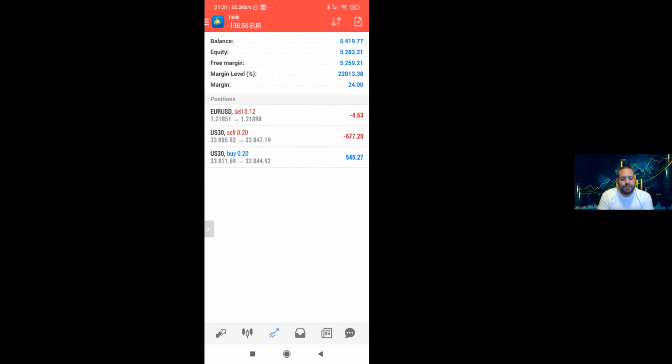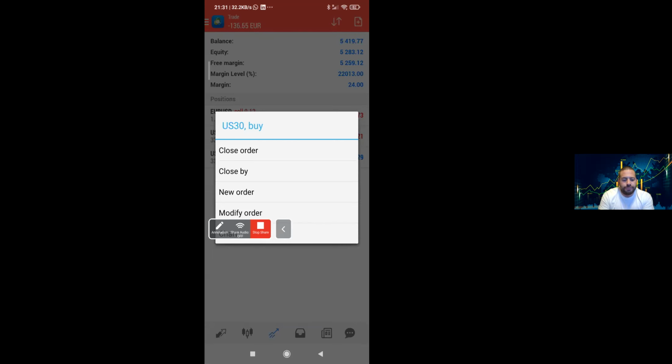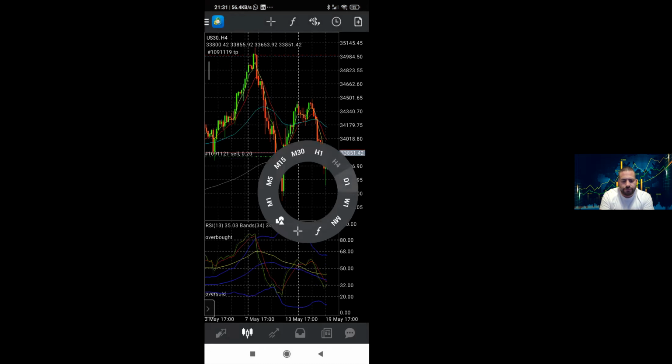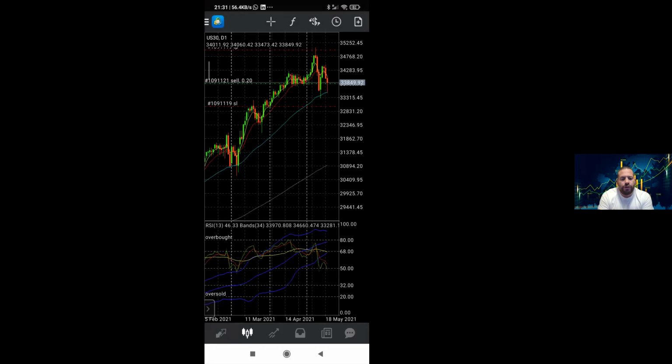So let's look at the trade together for a moment. This is what the trade looks like. The green line is the price at which we entered. The red line at the bottom is the stop loss, you can see SL, and the red line at the very top is the take profit.